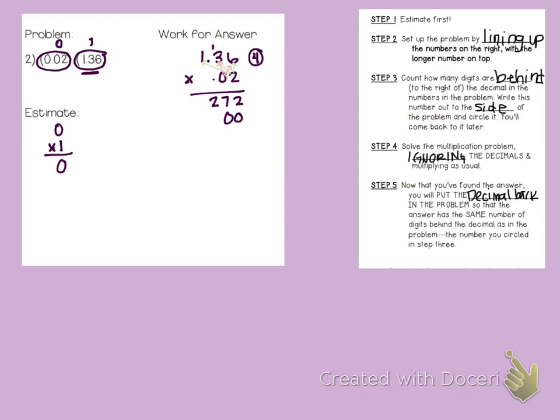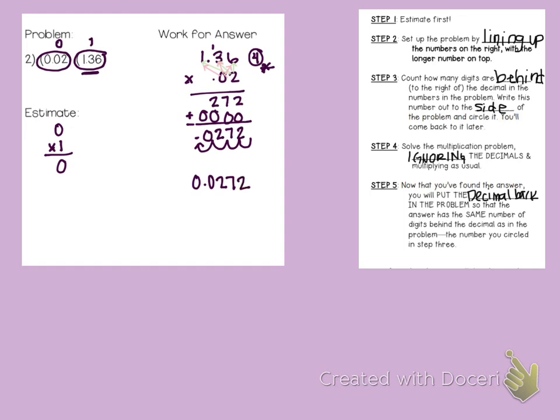We have 0 times 3, which is 0. And then we have 0 times 1, which is 0. Okay, we're going to add our numbers up. 2, 7, 2, 0. Okay, we're going to go back to this number that we placed out to the right, and we're going to place it back in. 1, 2, 3, 4.